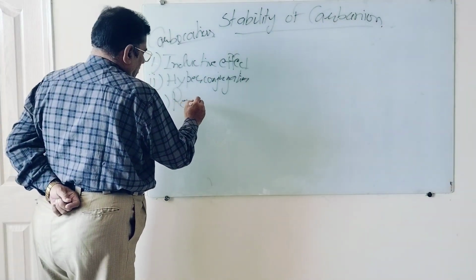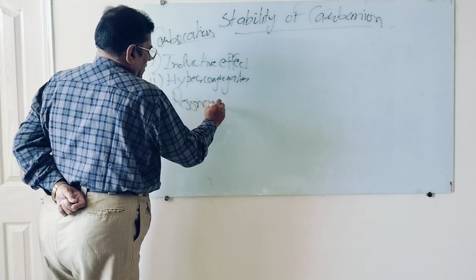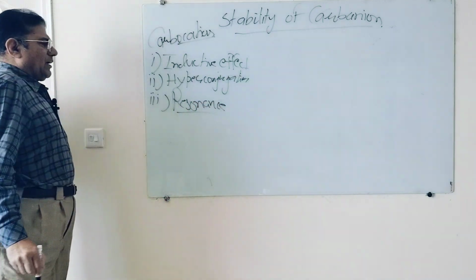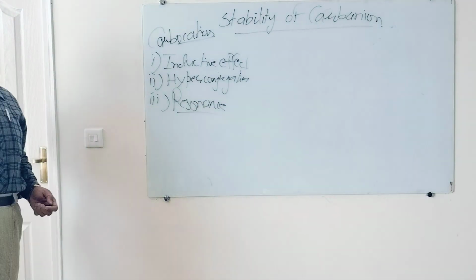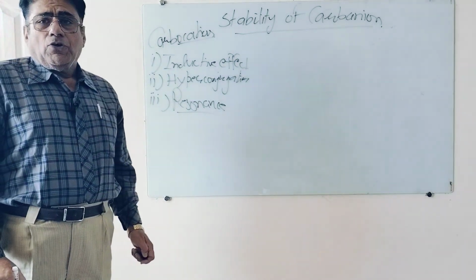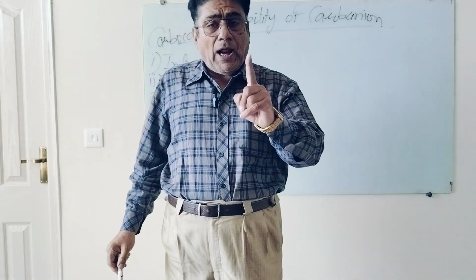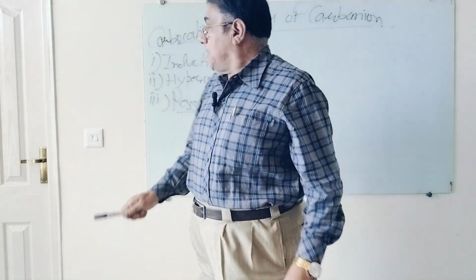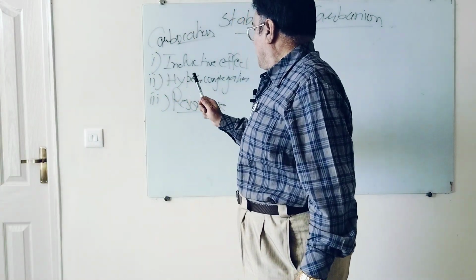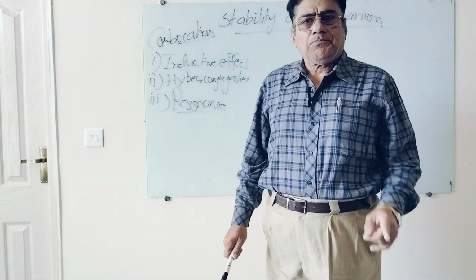I did talk a lot about these 3 before starting: what is inductive effect, what is hyperconjugation, and what is resonance. So we saw the stability of carbocation could be explained with the help of these 3 factors.